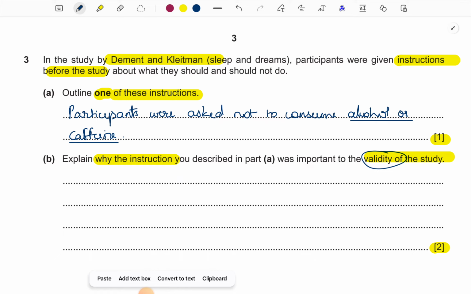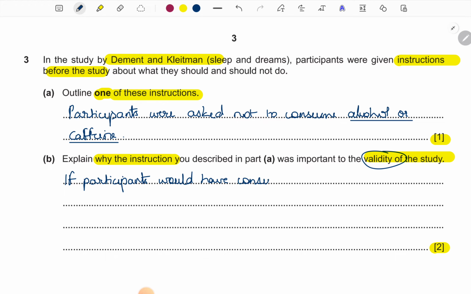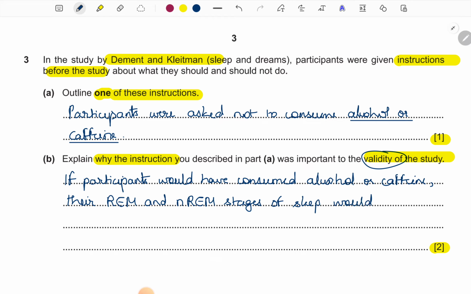So how we can write it is, we can always write in counterfactual terms with these types of answers, why-type answers. If participants would have consumed alcohol or caffeine, their REM and NREM stages of sleep, you could even just say stages of sleep, would have been disrupted.